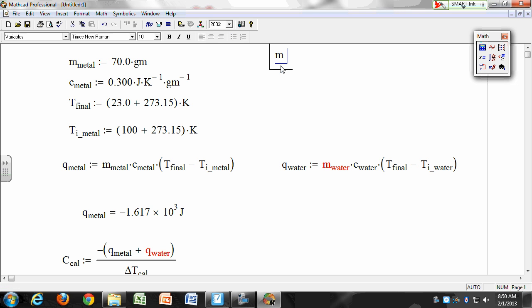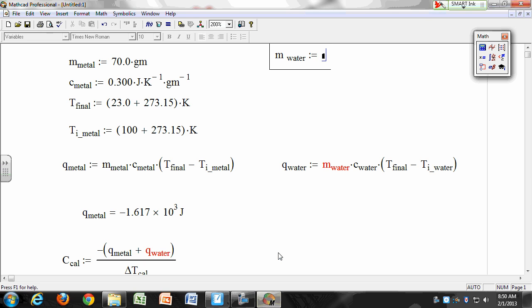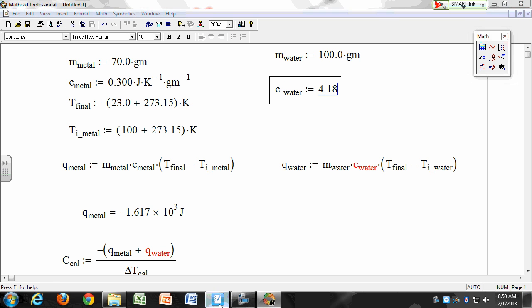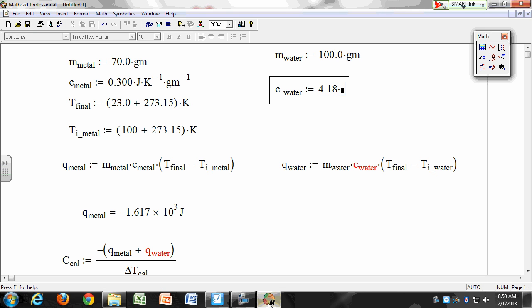What's the mass of our water? 100 grams of water. 100.0 times gram. Heat capacity of water equals 4.18 joules per Kelvin per gram.